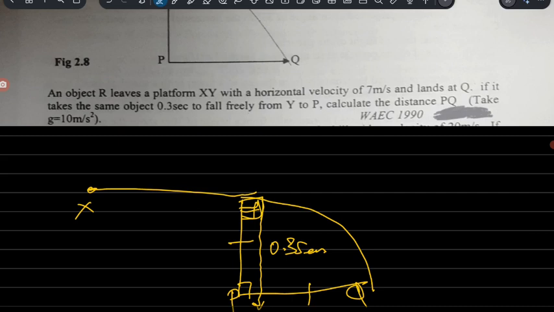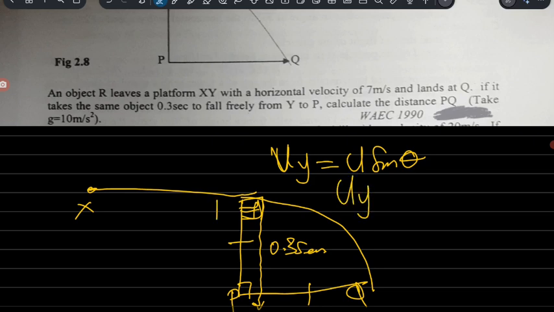Now, the vertical initial velocity is u sine theta. So we need to find the vertical initial velocity because it falls freely down. We have our u given as 7 meters per second multiplied by sine 90 degrees.